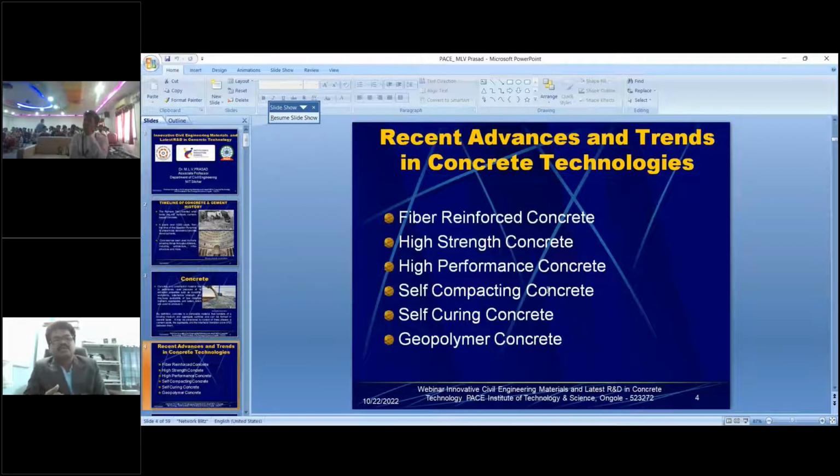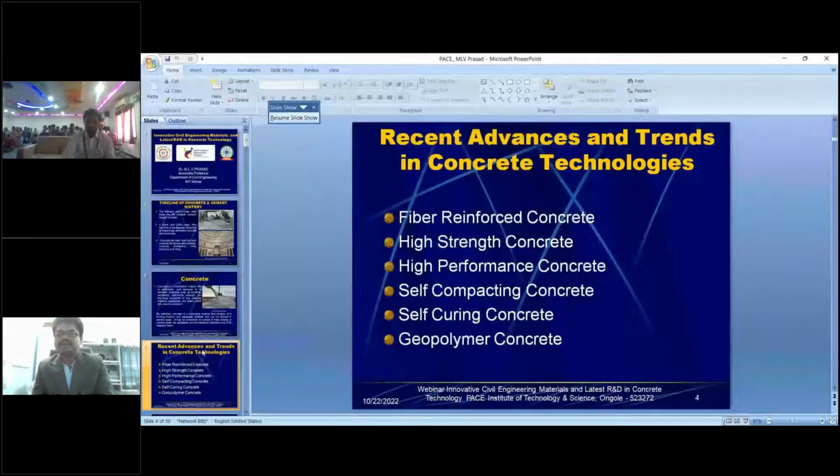Because nowadays working only with regular cement, sand and coarse aggregate is not allowed. If I use cement, indirectly I am producing carbon dioxide, which is very harmful to the industry. So we have to think of alternatives. What alternatives can I go for?